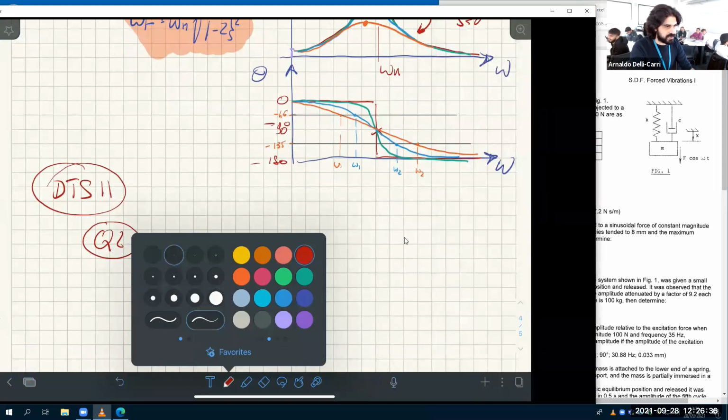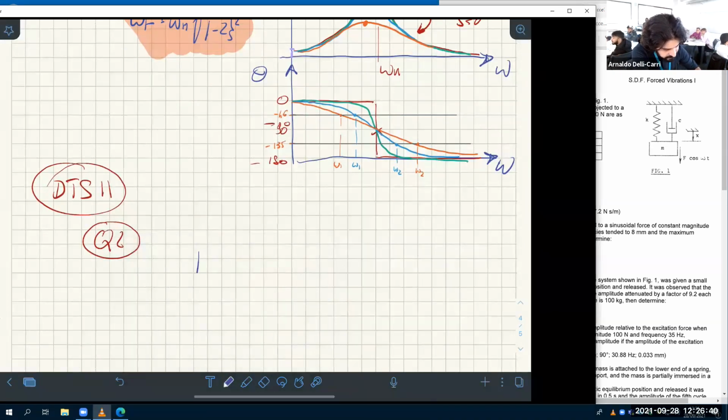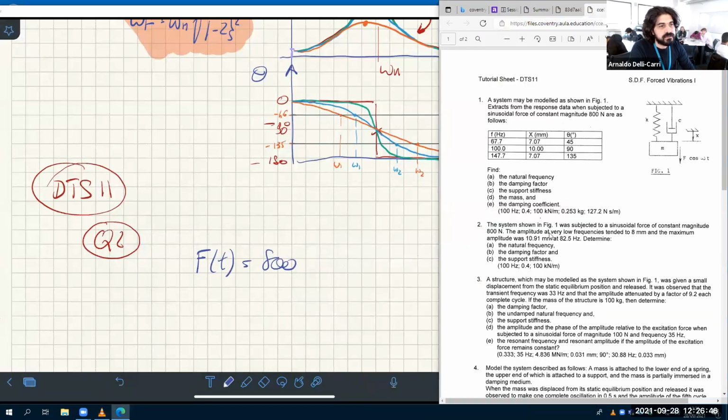So question 2. The equation of this thing is that f of t is 800 times sine of omega t. I don't know how much omega is. But we know that the amplitude at very low frequencies tended to 8 millimeters.